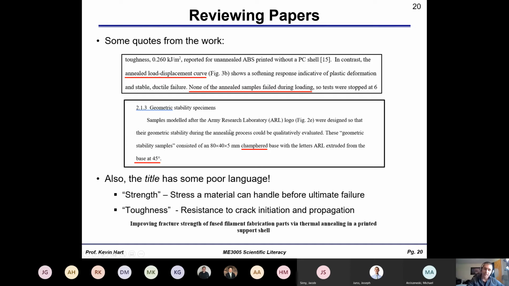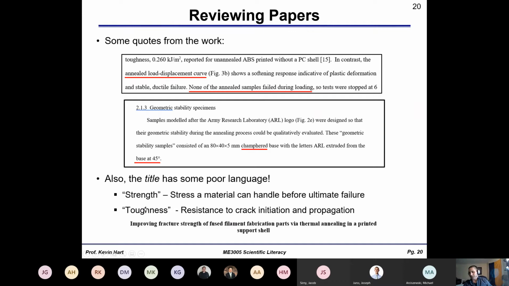Right? Also, for this particular manuscript, the title had not so great language. We'll talk a little bit more about this in this class, what it means to be stiff, what it means to be strong, what it means to be tough, because those three words have very different meanings in the field of solid mechanics. But the title has poor language. You know, it's talking about strength, which is stress a material can handle before failure, and toughness, resistance to crack propagation.